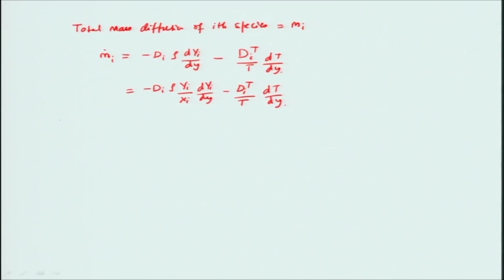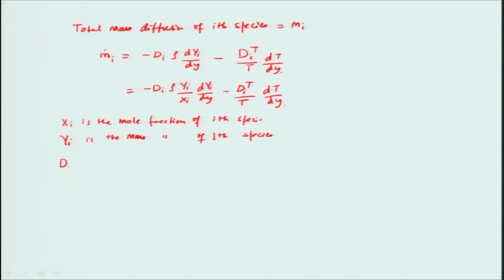If you look at this, X_i is the mole fraction of the i-th species, Y_i is the mass fraction of the i-th species, and rho is your density.